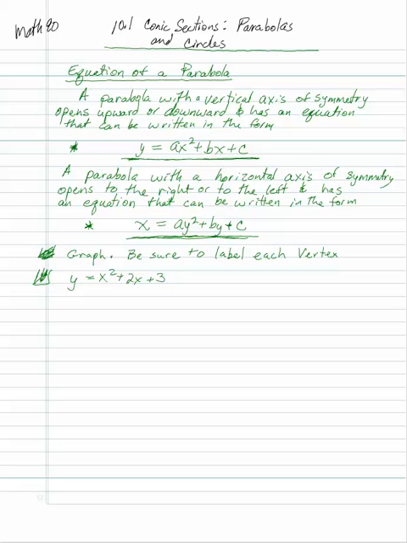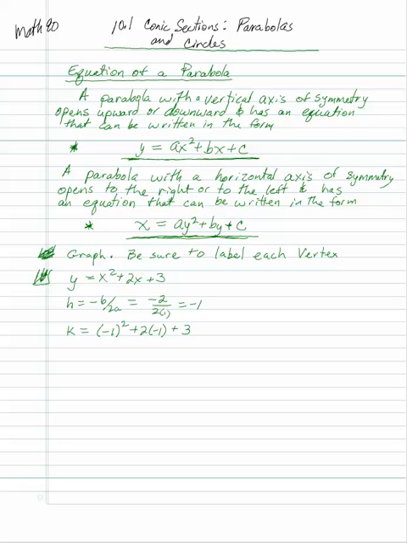Okay, so we can use the technique we did before for the vertex, which is minus b over 2a. We get the opposite of b, so negative 2 over 2 times 1, which is negative 1. And then k is going to be, you put the negative 1, whatever you get for h, in for all your x's.